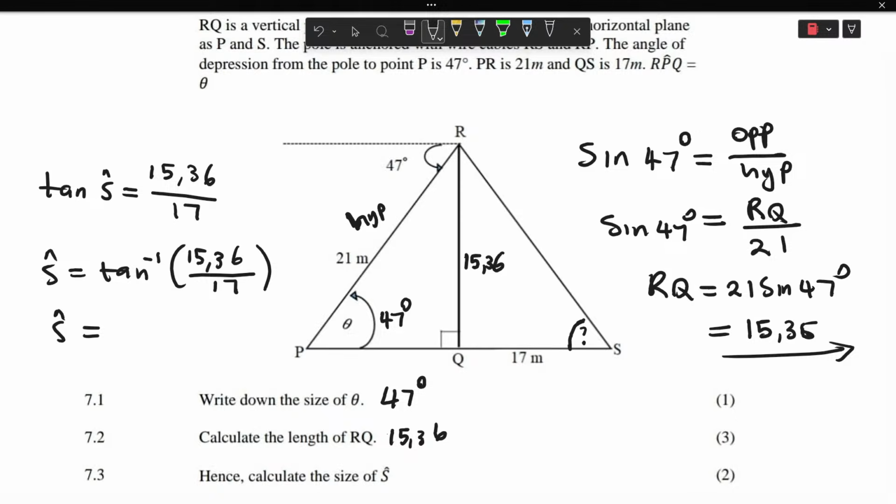Press your calculator. What do we have? What is the answer for this one?